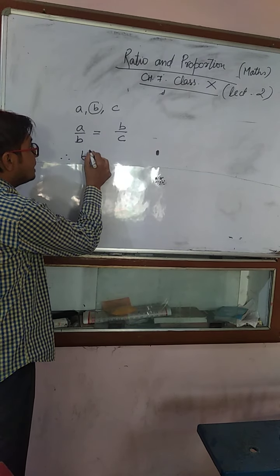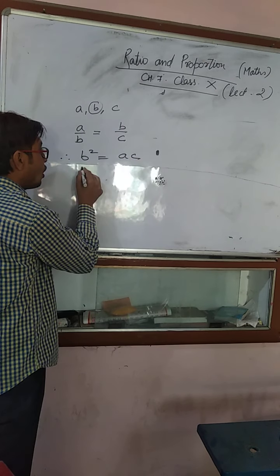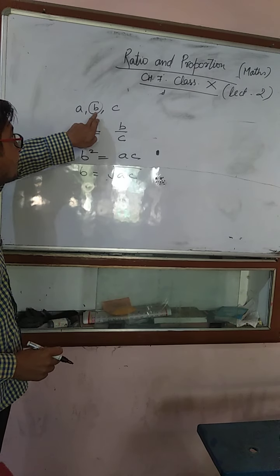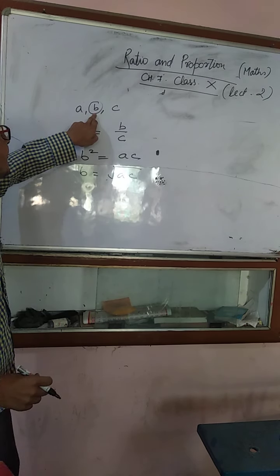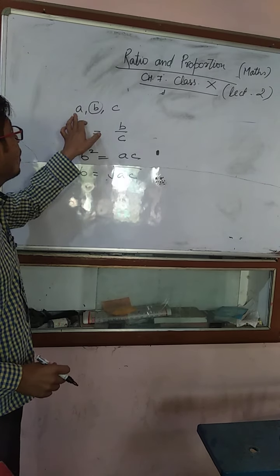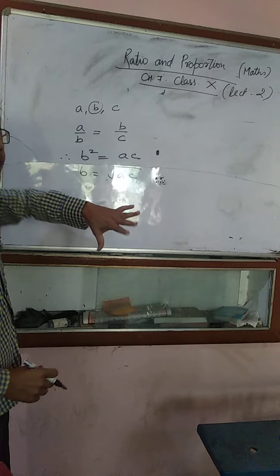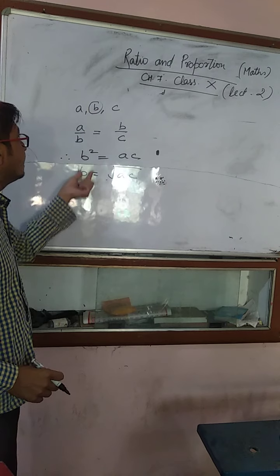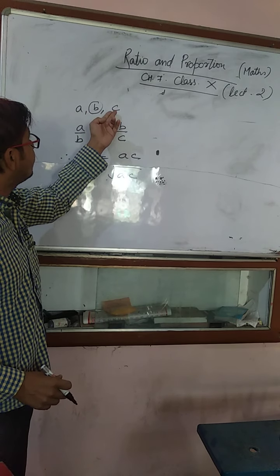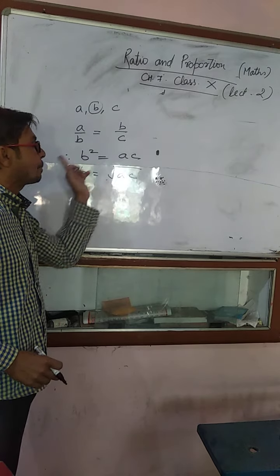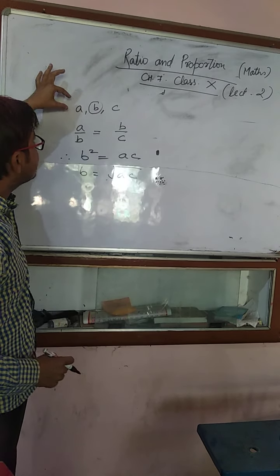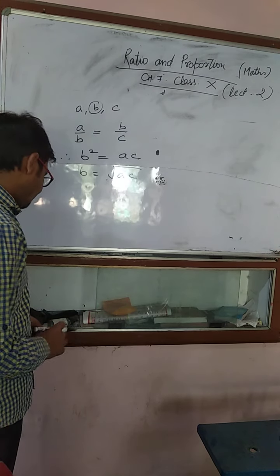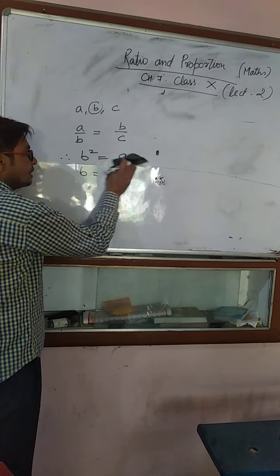Therefore, B square is equal to AC, or B is equal to under root AC. If you want to find the mean proportion B, then B is equal to the under root of A and C. You can take an example and solve it. Here put some number, and here another number. Now write X here and find the product of both of them and find out the square root. You will get the mean proportion. Mean proportion means if there are only 3 numbers, then one will be repeated. Clear or not? Now this is the mean proportion.